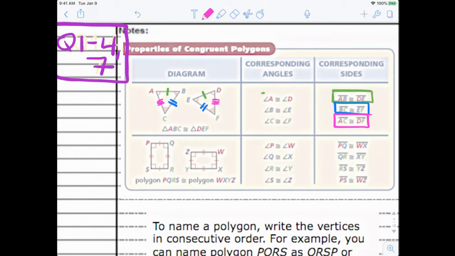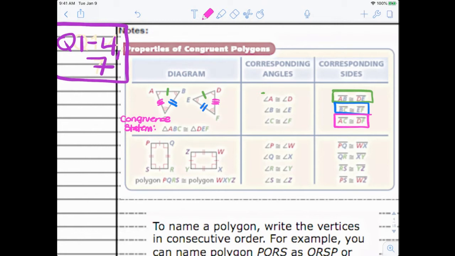So here's the deal with this. If we are only given congruent parts, we can write a congruence statement based on the sides or angles we know are congruent or corresponding. A congruence statement tells us everything from the entire figure that's congruent.